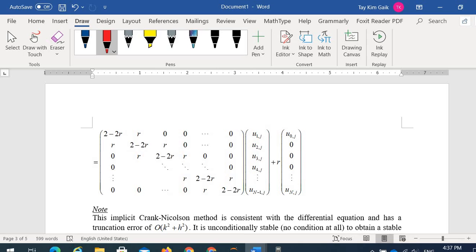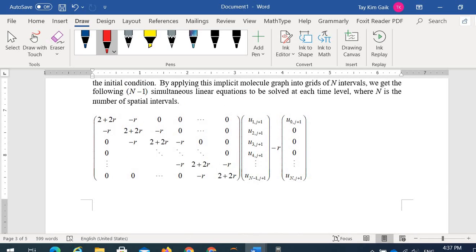This one is at the boundary, which is collected at this vector. Initially plus r, so collect here. So these 2 are boundary. This one also, these 2 points because of the boundary.